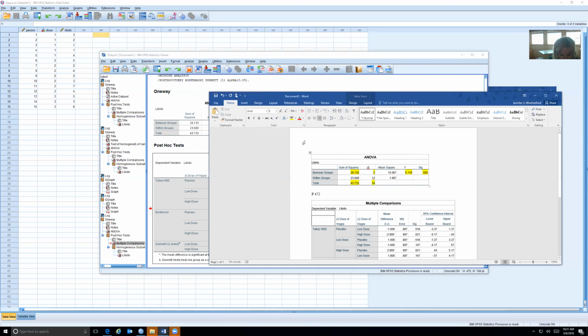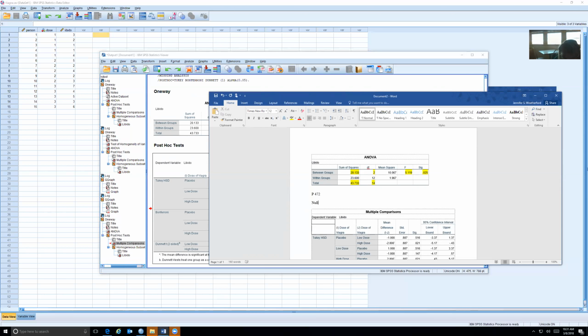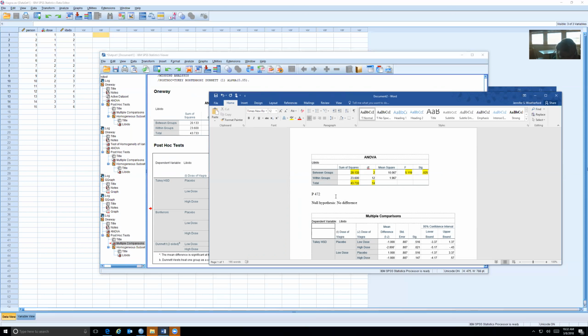Okay, right off the bat, what do you notice? This test was significant, so we can reject our null hypothesis. What was our null hypothesis? It was no difference. We can't do a one-tailed hypothesis anymore.